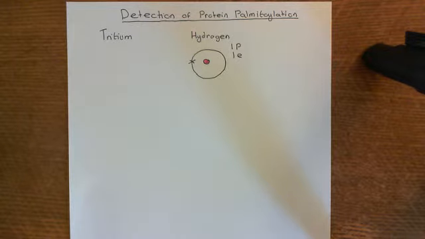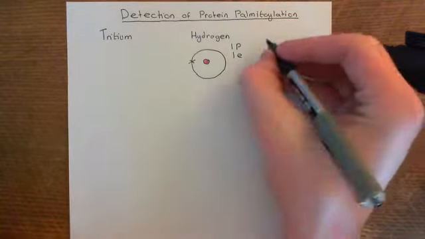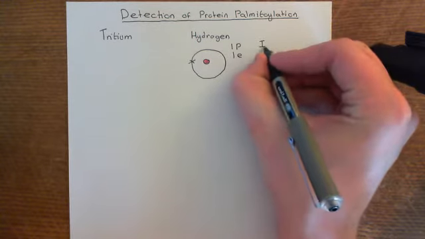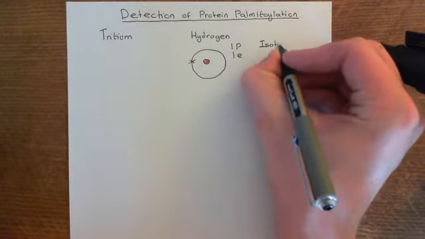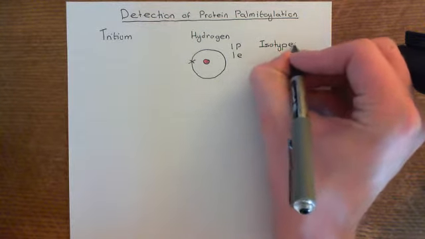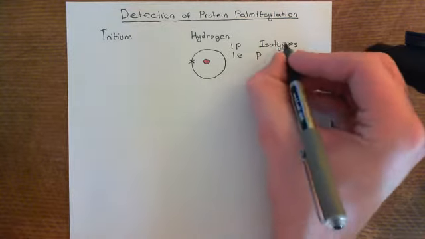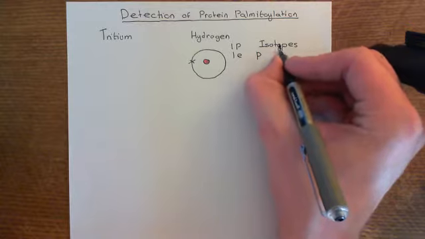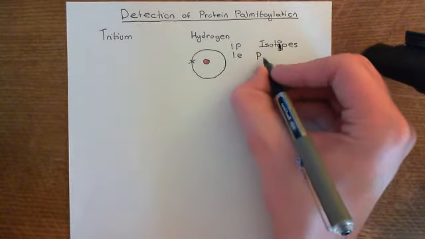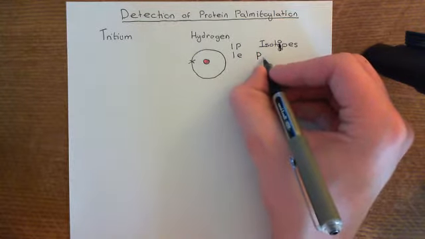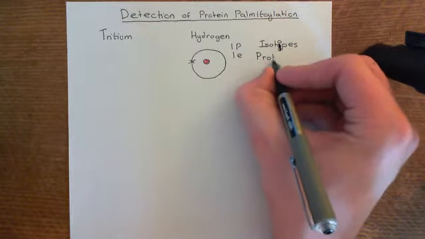These are called the different isotopes of hydrogen. They all have one proton and one electron, but they have differing numbers of neutrons. So the most common isotope of hydrogen is protium.